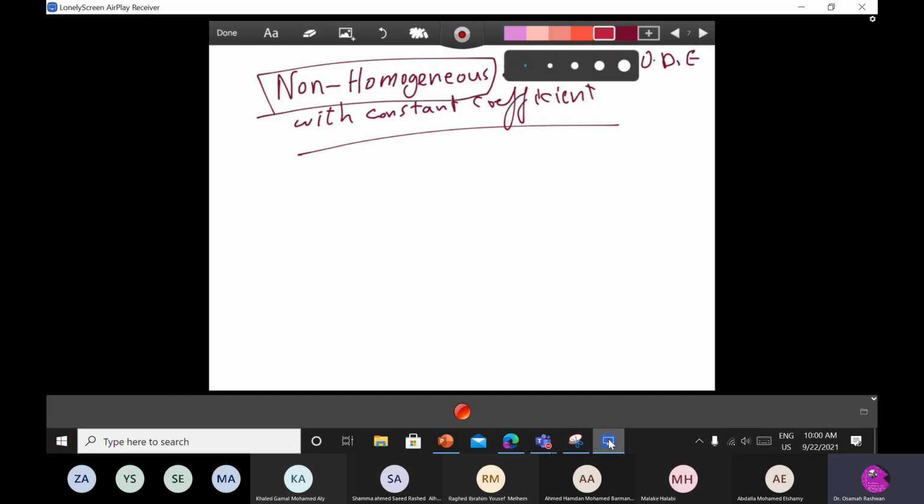Non-homogeneous means the same as before, but on the other side you have a function of the independent variable t or x. It's up to your problem, right?